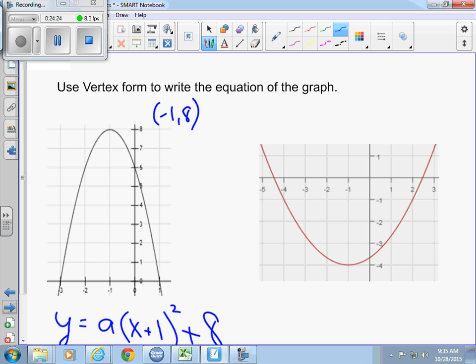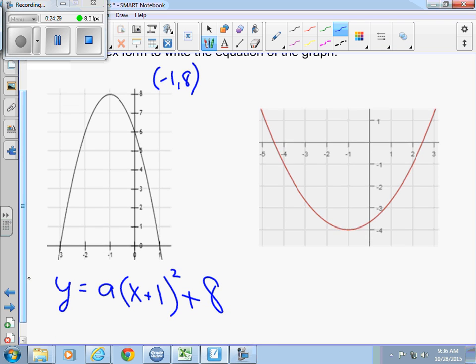So what's minus -1? Plus 1. And k is just 8. So I'm just plugging into that formula. The x is always the opposite sign. Later when we talk about transformations, that'll make a little more sense. But you don't have to know that yet.